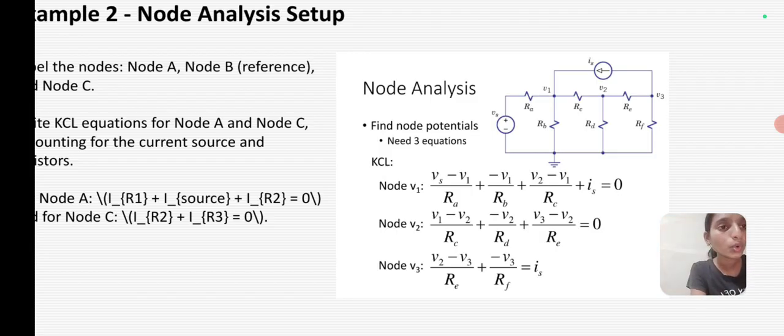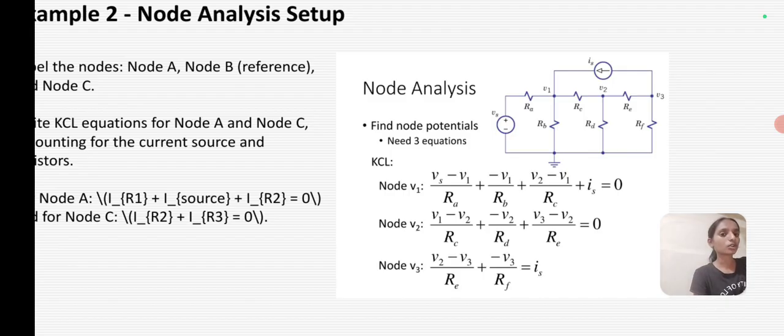In node 2, V1 minus V2 by Rc plus minus V2 by Rd plus V3 minus V2 by Re, which is equal to 0. In node V3, we have V2 minus V3 by Re plus minus V3 by Rf, which is equal to Is.